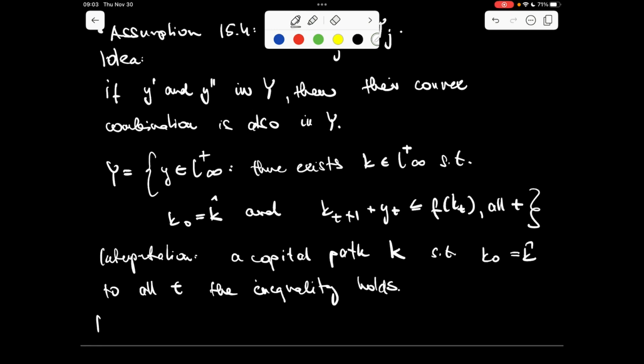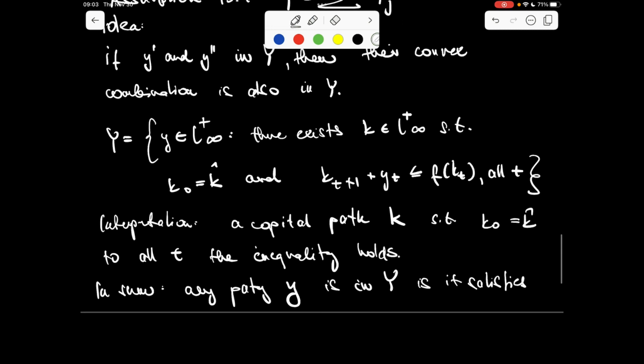So in sum, any path y is in the set if it satisfies the inequality.